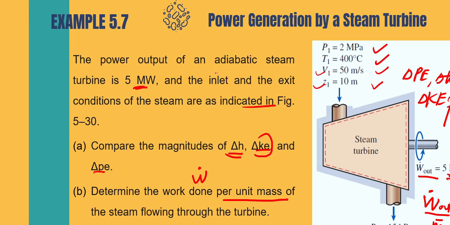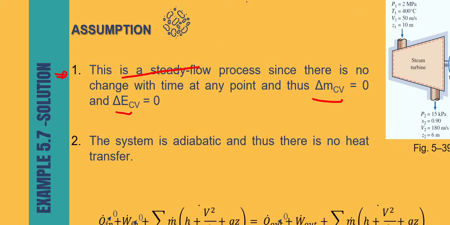Adiabatic, meaning that there is no heat transfer, so you can remove this term. And then this is a turbine, so obviously we have W out, and there is no work in. So your equation becomes m h1 plus V1 squared over 2.